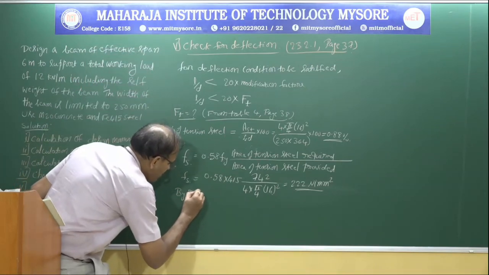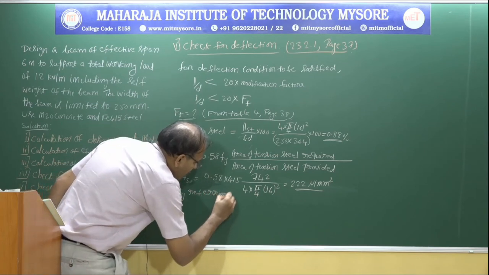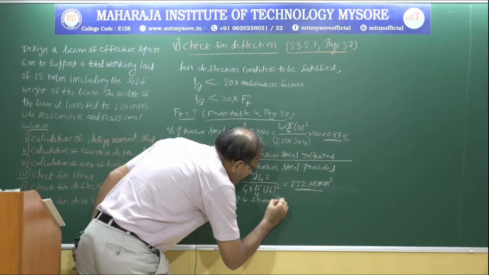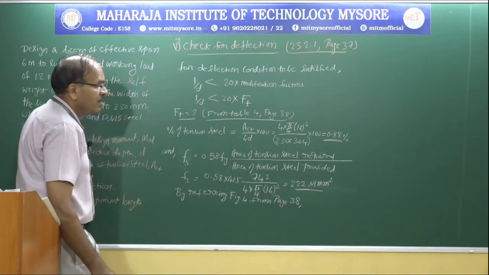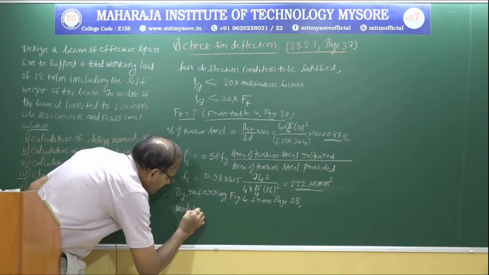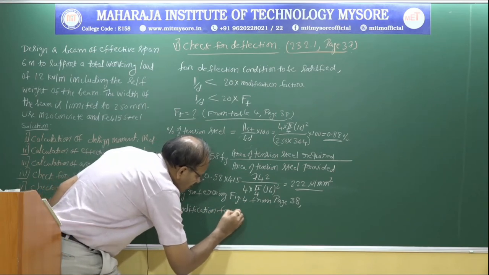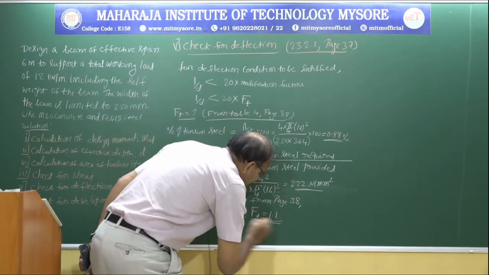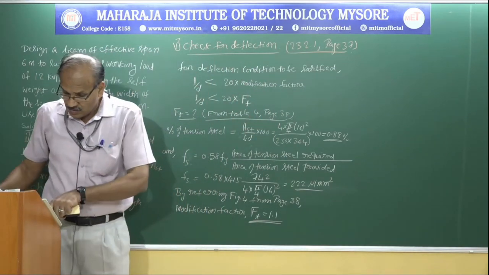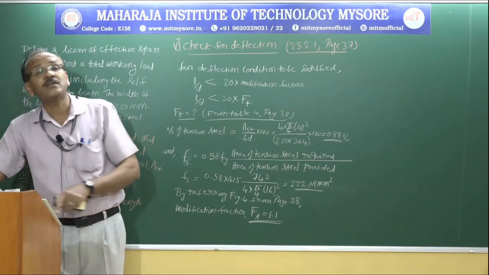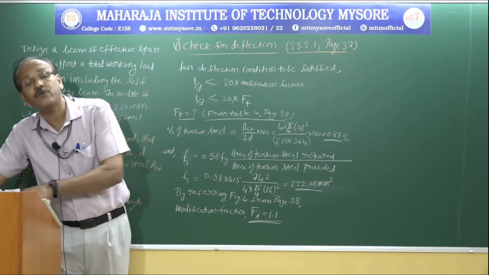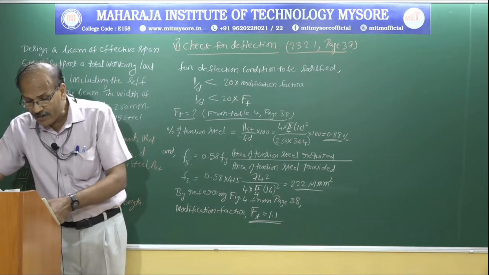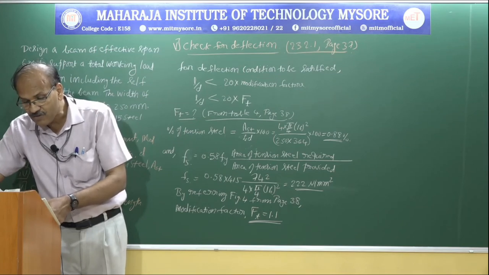The modification factor for tension steel Ft equals 1.1. On the horizontal axis is the percentage of tension steel: you see 0, 0.4, 0.8, 1.2, etc. There you go up to 0.88, then go vertically until you hit the value of Fs equal to 222.